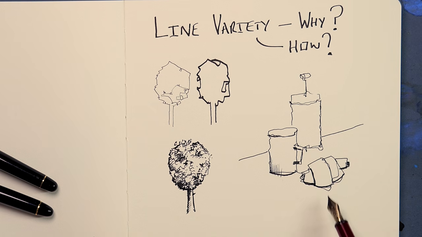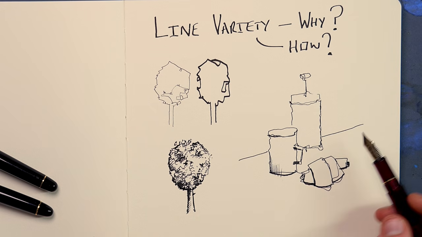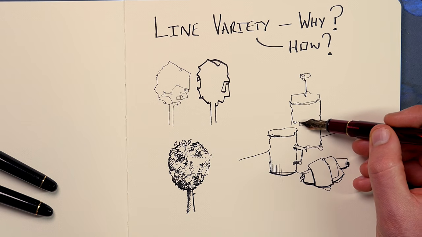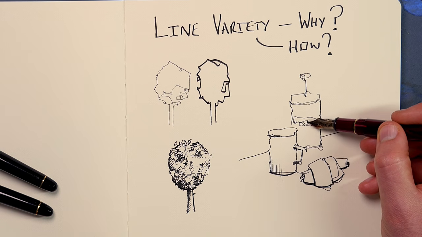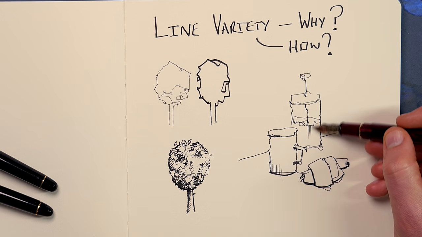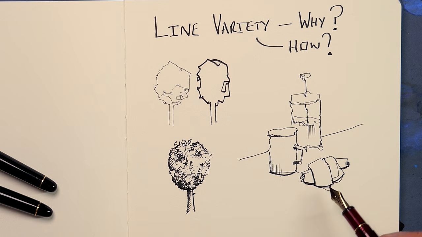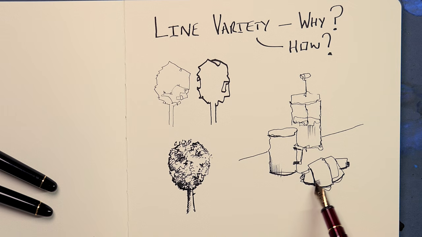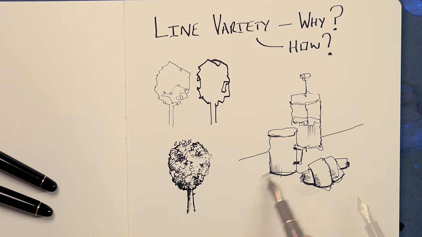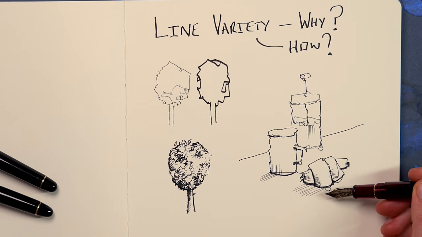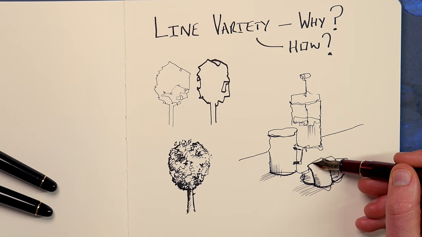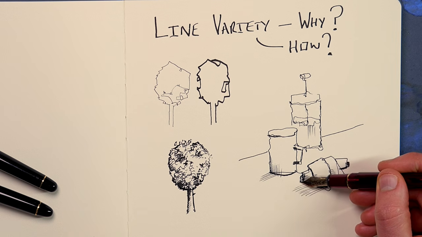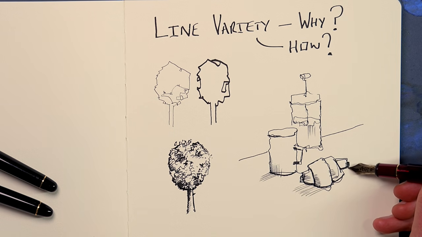We can tell, even without the visual cue of the back of the table, that this cafetiere, by being lighter, is further away from us. So we're getting from our line variety information about the light and the dark, where the shadow is, how close an object is to us, and also it's adding that sense of clarity. A bolder line just gives us a more definite feel to our objects.